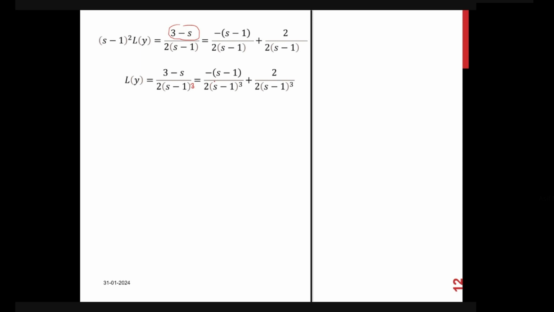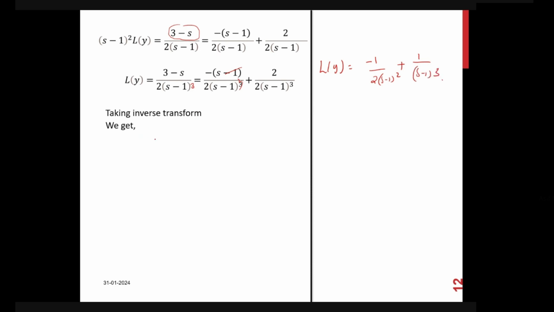This is all cube, and that is rewritten like this. Now we will take the inverse Laplace transform. So L of y is equal to, this and this get cancelled, so you will get minus 1 by 2 into s minus 1 all square plus 1 by s minus 1 all cube.